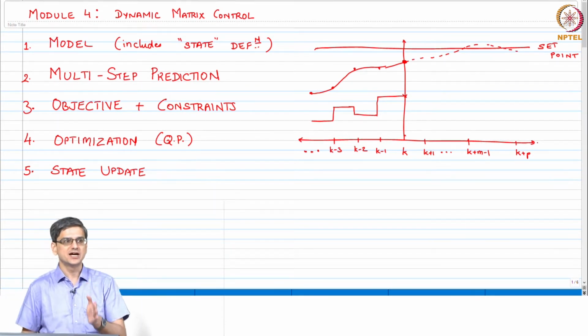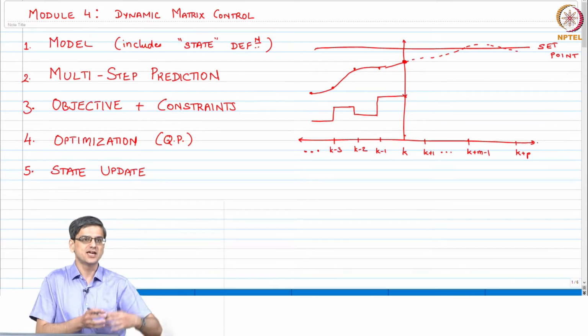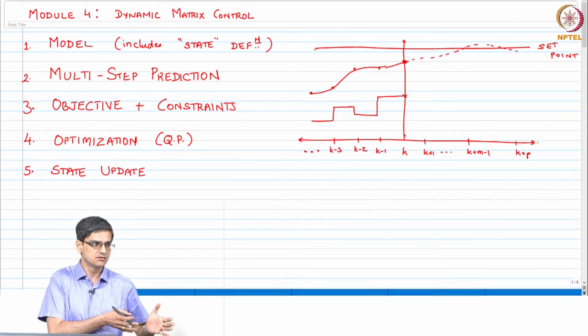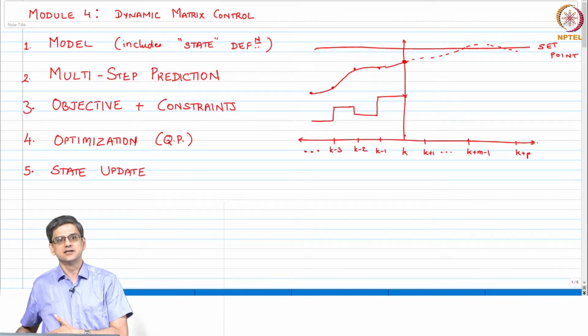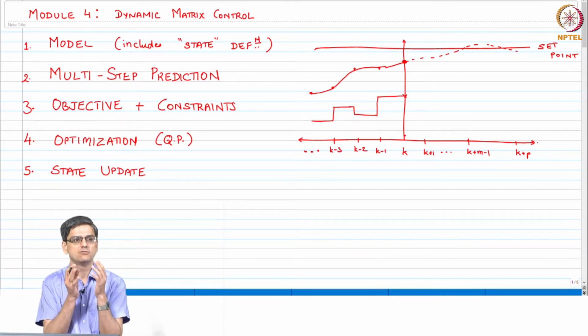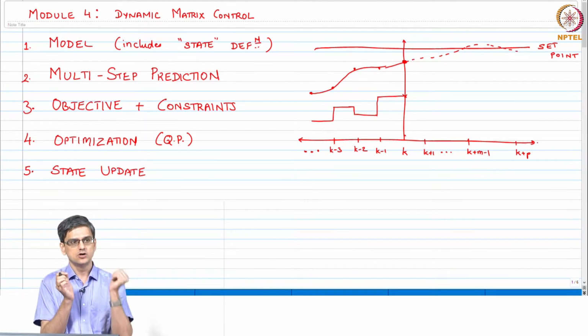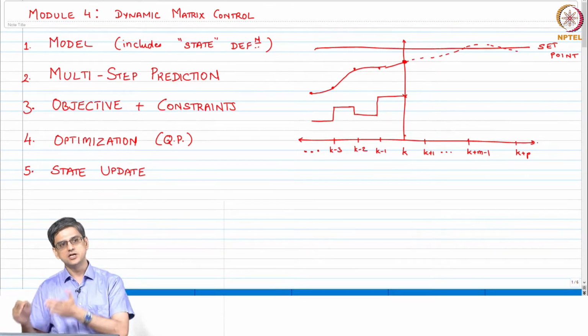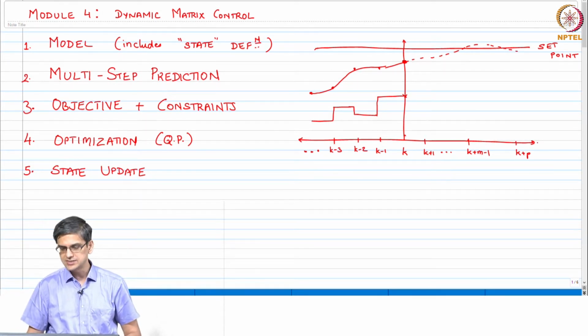We are sitting at k, yk has just happened at k minus delta, and uk is going to be implemented at k plus delta. So we have this extremely narrow window where we take the measurements, do whatever updates we want to do, determine the future moves, and implement the one future move.